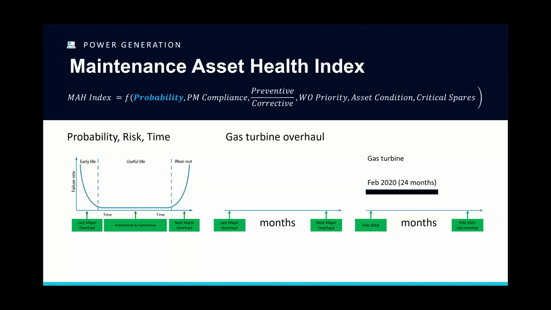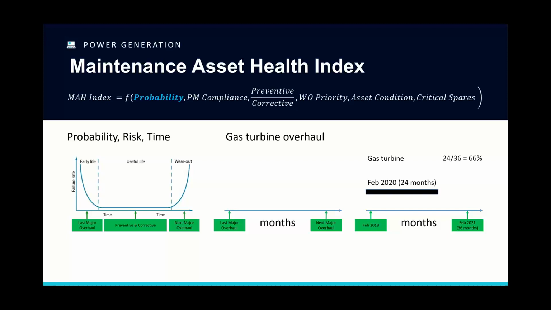So I can look at the time that has elapsed since the last one, and I can say, okay, we're 24 months into a 36-month cycle. So basically, I have already consumed 66% of my time, right? The higher the percent, the higher the penetration into that cycle, the higher the probability of failure, right? So kind of an easy way.